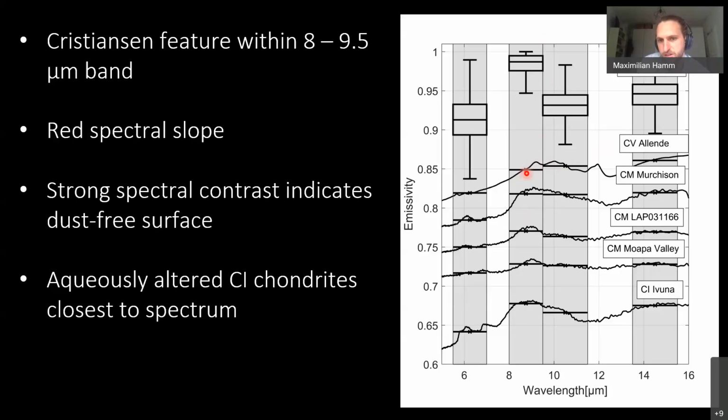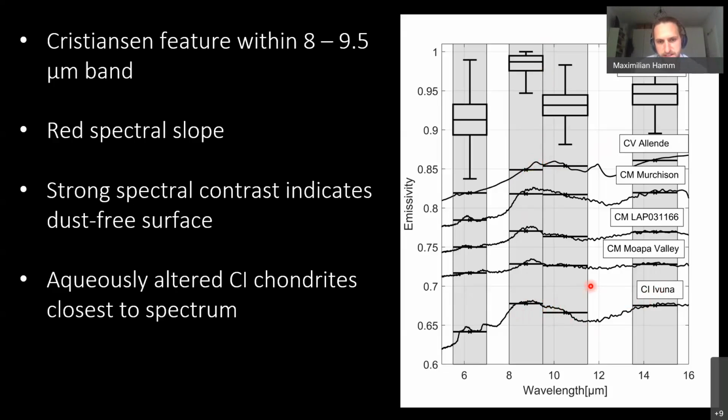This is much lower here, and this is clearly opposed to what we have. Whereas the CI Ivuna here shows pretty much exactly the spectrum that we see here. So with our results, we can say that the material on Ryugu is probably most similar to these kinds of meteorites.